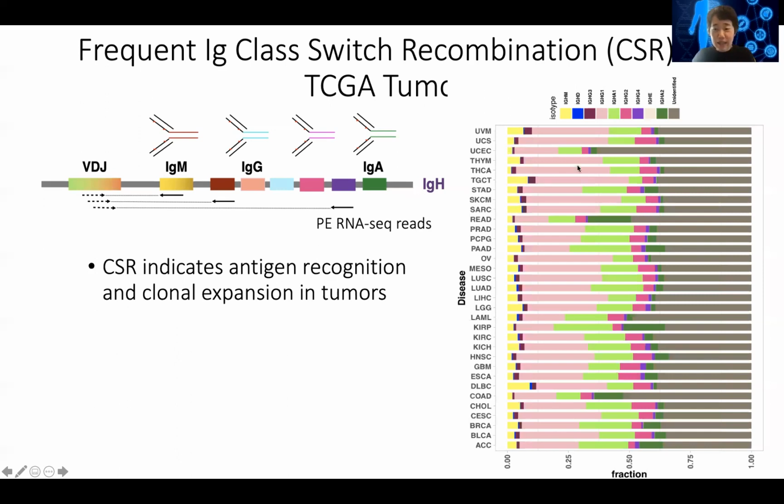class switch recombination. You would expect, for example, IgA, which is known to be a suppressive antibody. For example, all of our gut lining and airways are covered with antibodies.